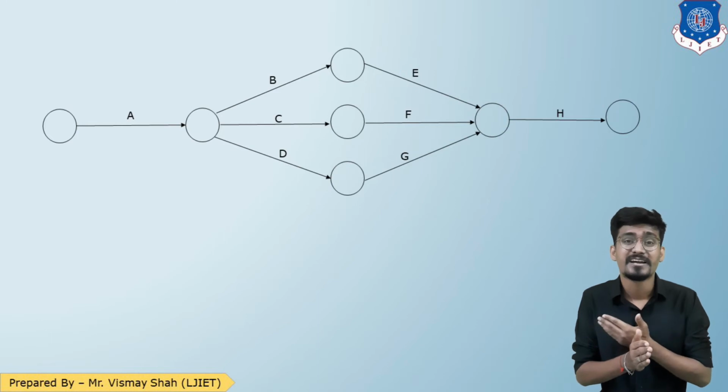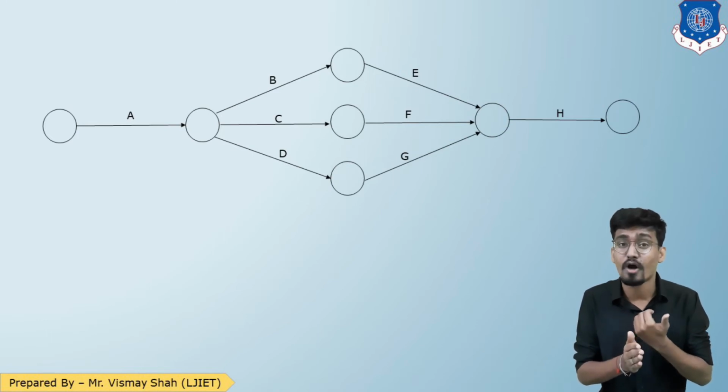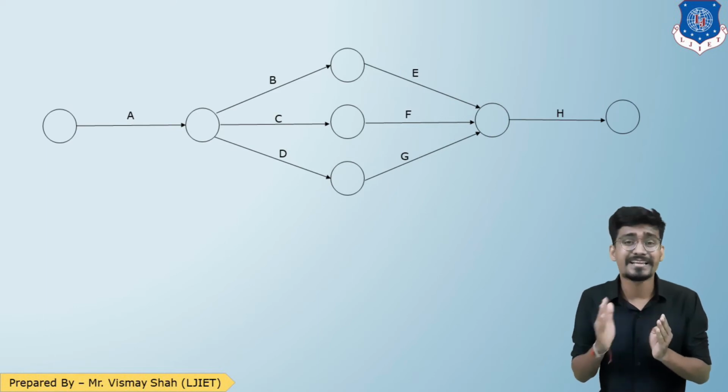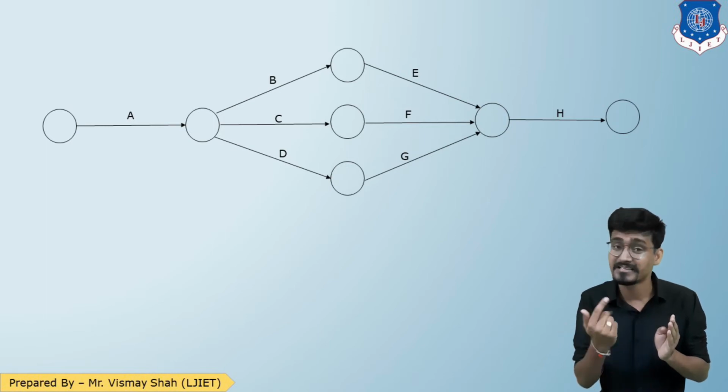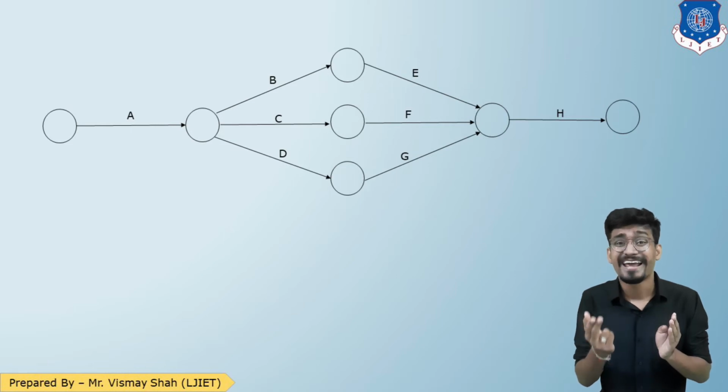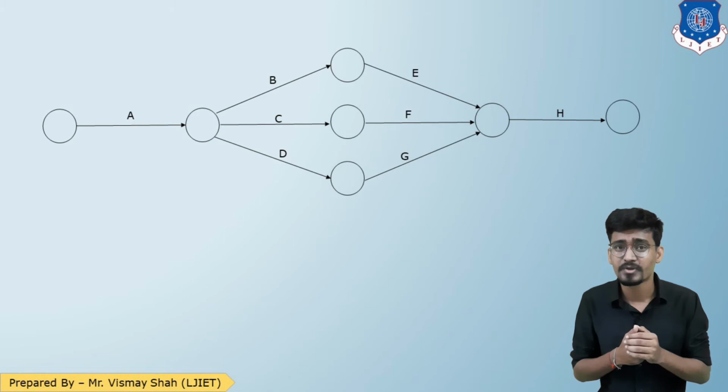So it is obvious that the tail event of A will be numbered as 1. Now see in the network, how many circles are there? Next there is only one circle, so that is number 2. After that, there are 3 circles in parallel sequence, so you can number them 3, 4, 5.